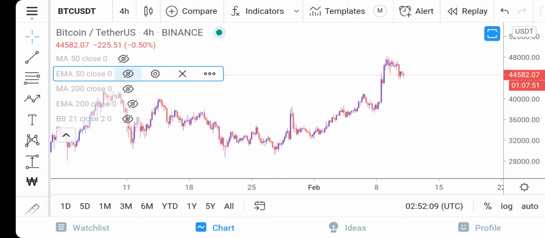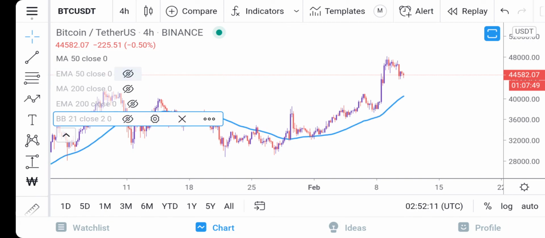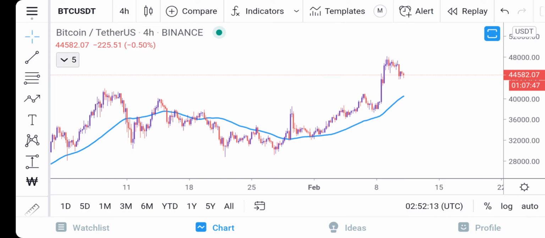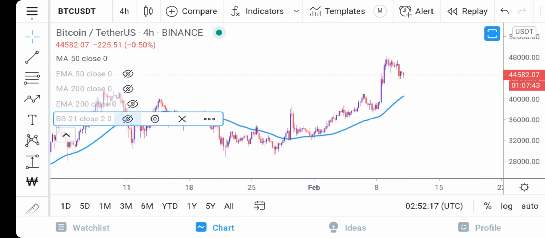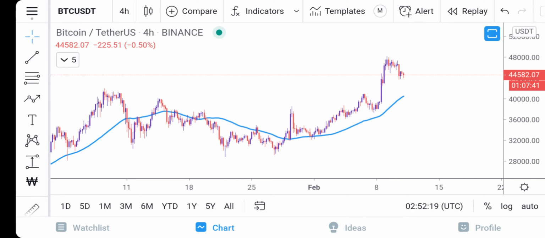Let's use an SMA. This area you should be buying. The price is not really respecting this 50 period moving average, but this is one of the important places you should be buying, that area over there.